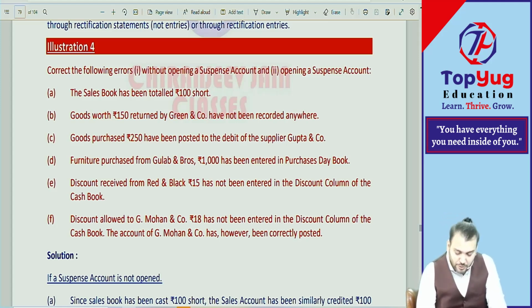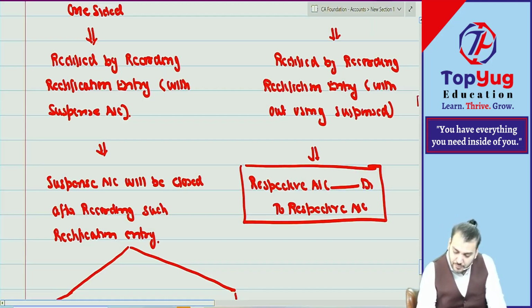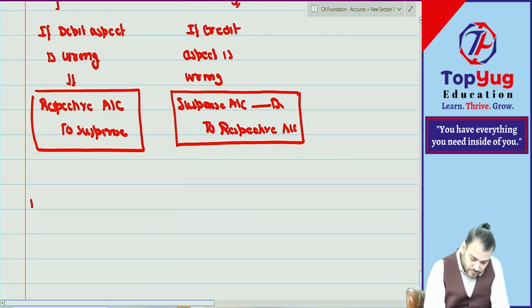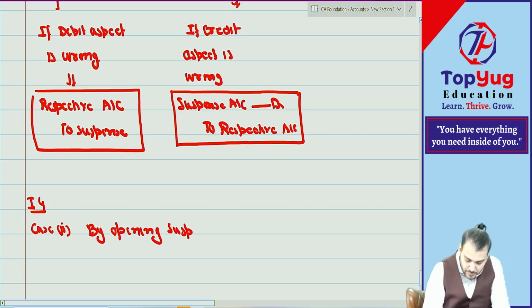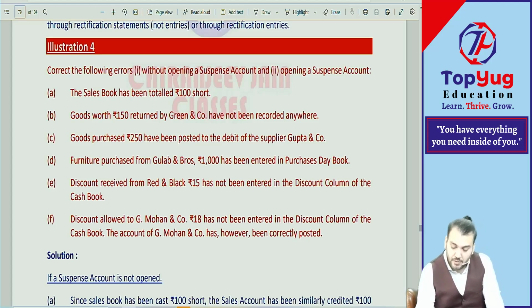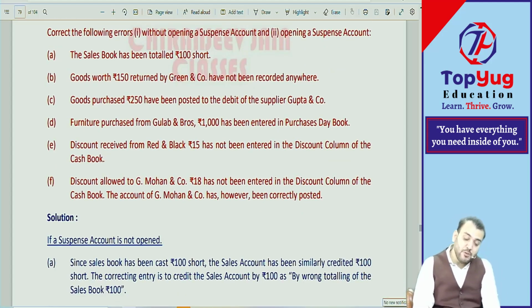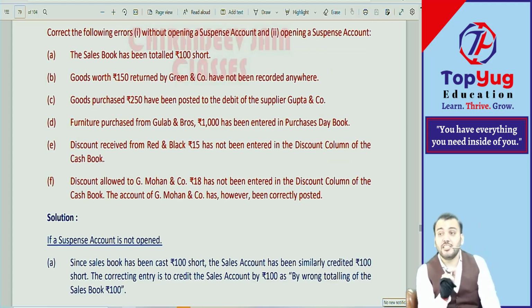Right now we are doing illustration number 4, case number 2, by opening suspense account.